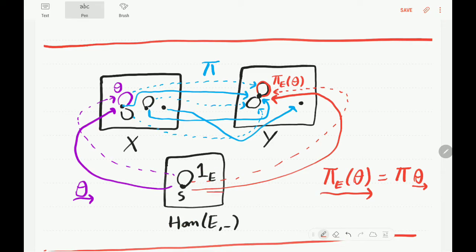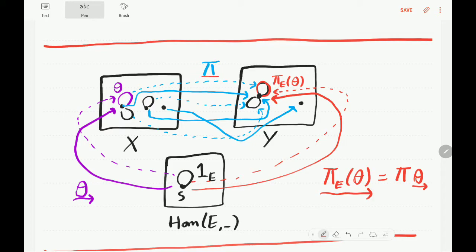The basic idea here is that suppose we have, again, in our category of functions, an arrow pi, which goes from this bouquet X to this bouquet Y. Notice it's mapping the vertices of X to vertices of Y. It's mapping the loops of X to the loops of Y. And let's suppose we have a particular loop theta of X that we're interested in.